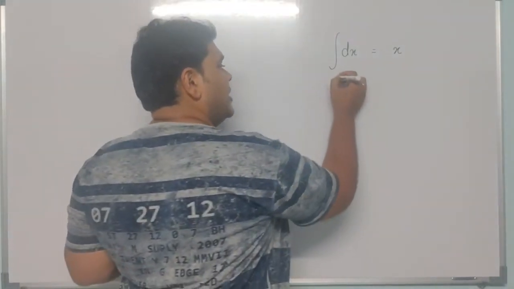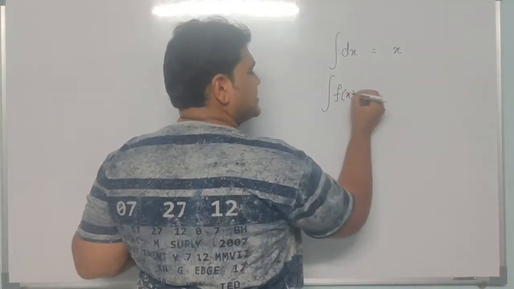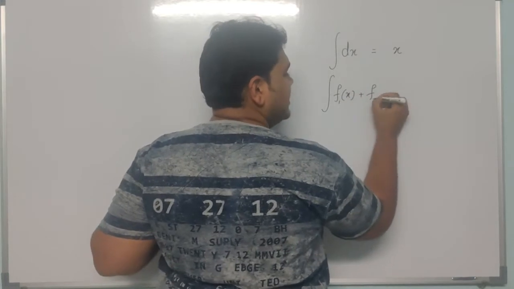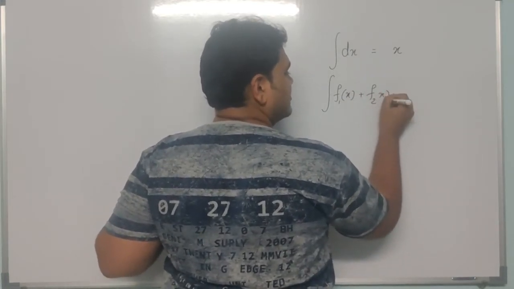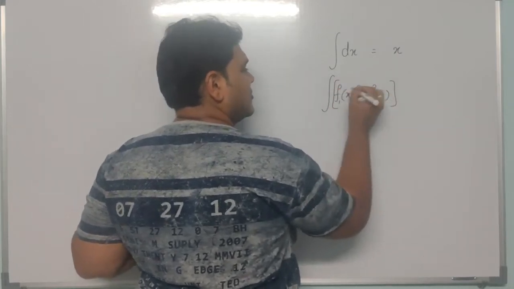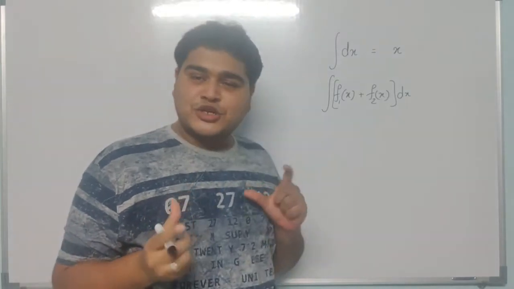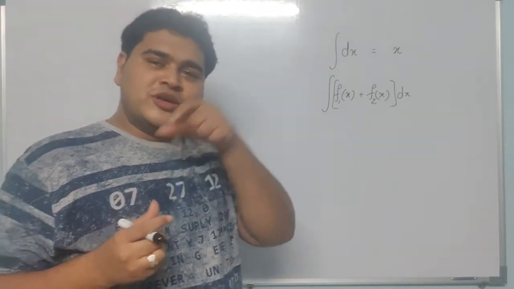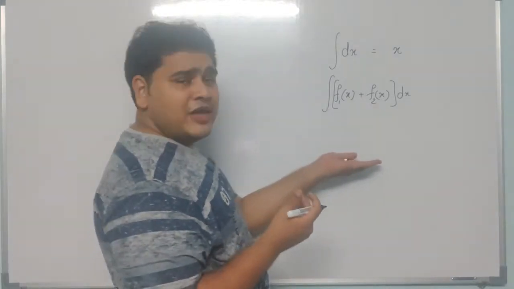But if you go for integration of f1 of x plus f2 of x, with dx. If you remember, in derivative, when you have addition or subtraction, you used to apply the derivative in both the parts and separate them with the help of a plus or minus sign. Same thing over here.